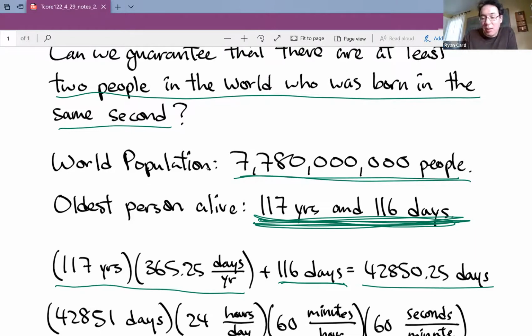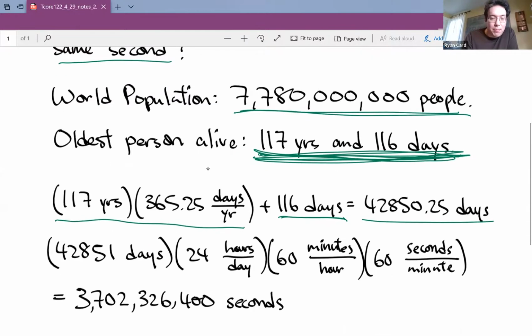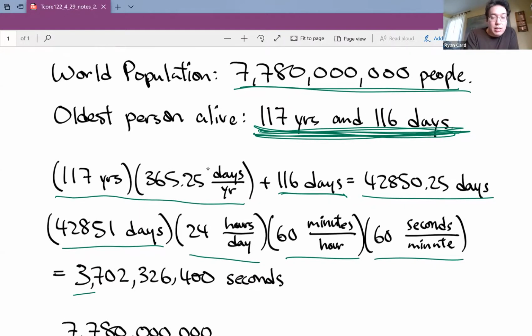Let's just round up to the next day. So 42,851 days. Okay. In that many days, there's 24 hours in a day, 60 minutes in an hour, and then 60 seconds every minute. So if you multiply all of these things, these are how many seconds there are between now and when the oldest person alive was born.